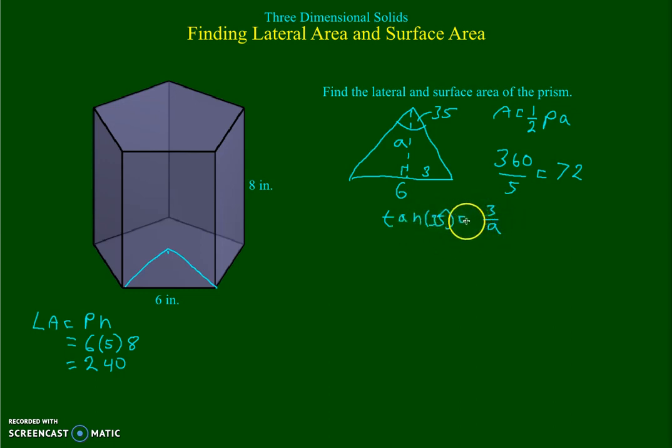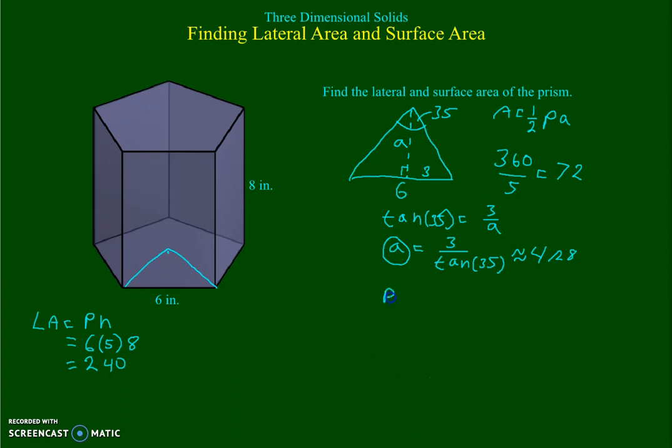So tangent 36 equals 3 over a, and therefore the apothem equals 3 over tan 36. And that's approximately equal to 4.28. Now I'm going to go ahead and store that in my calculator so that I can use it in my calculation.